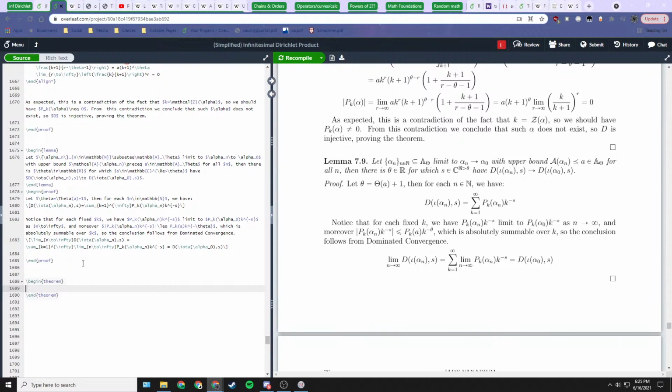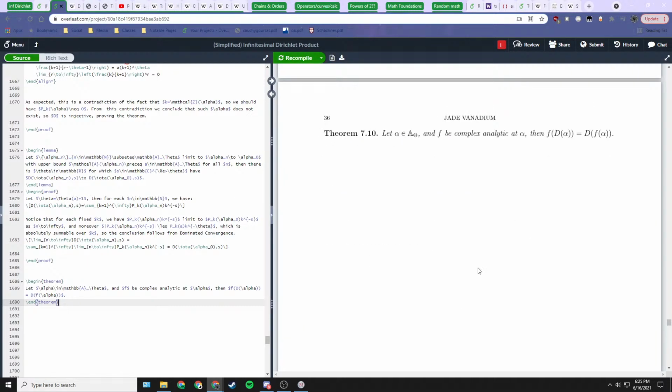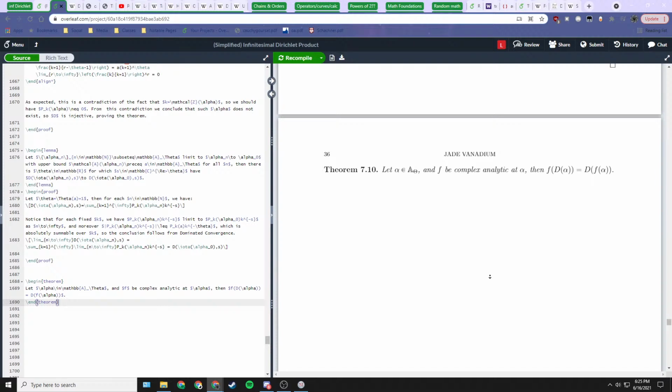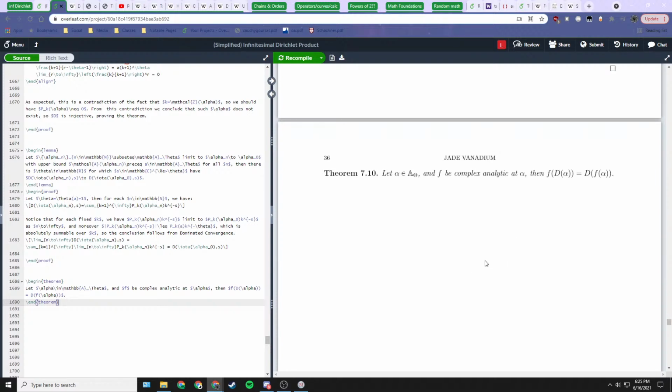Okay, so we'll say let alpha be in A sub theta, and f be complex analytic at alpha. Then f of d alpha equals d of f alpha.